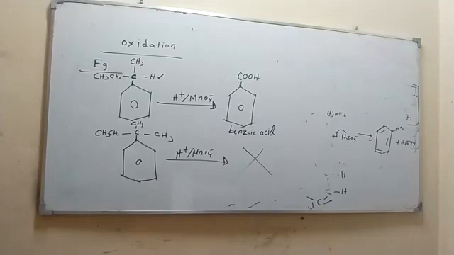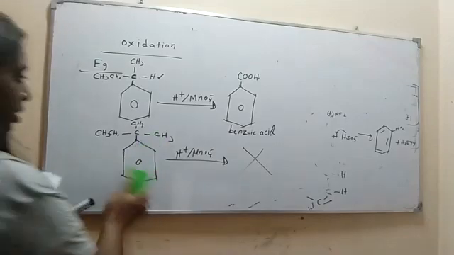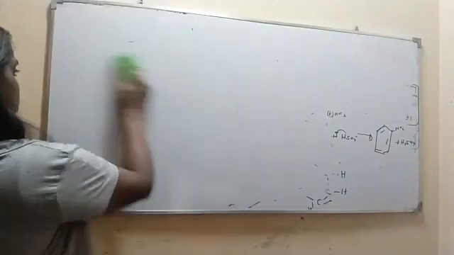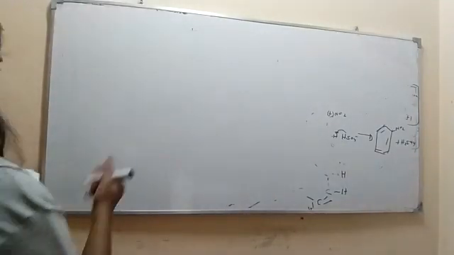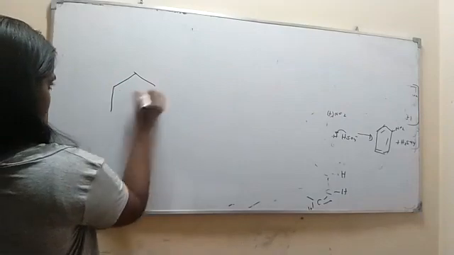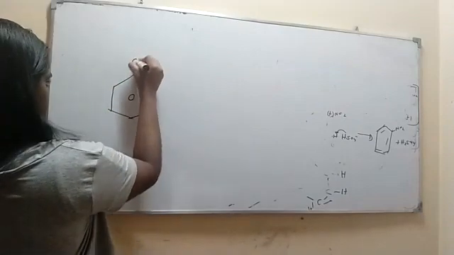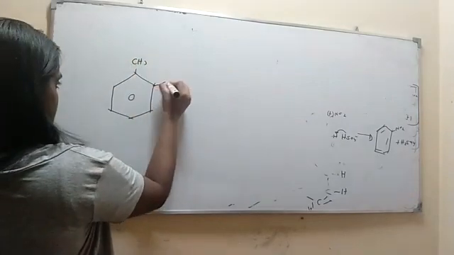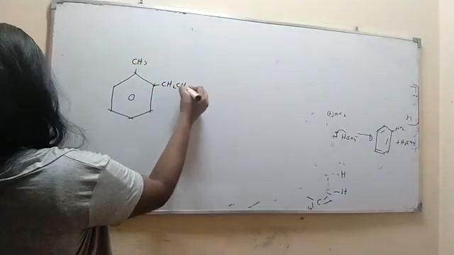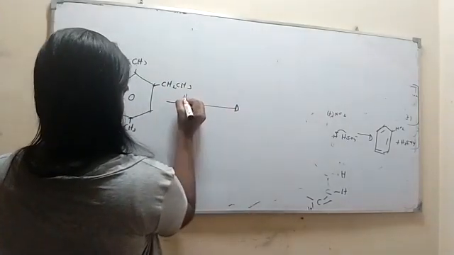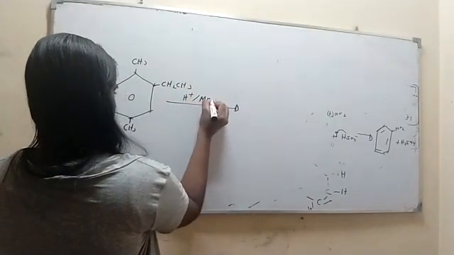Okay. Now using this theory, I'll give you a small question to write the product. So this is the benzene ring, CH3, CH2, CH3, CH3. For this, I am putting oxidizing agents, H plus, MnO4 minus.